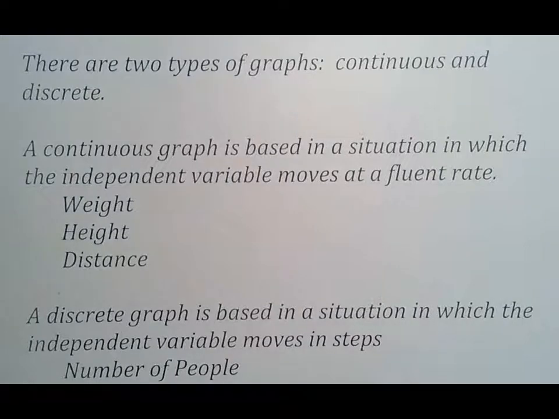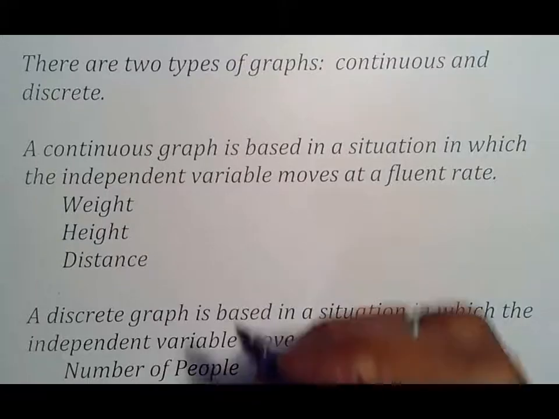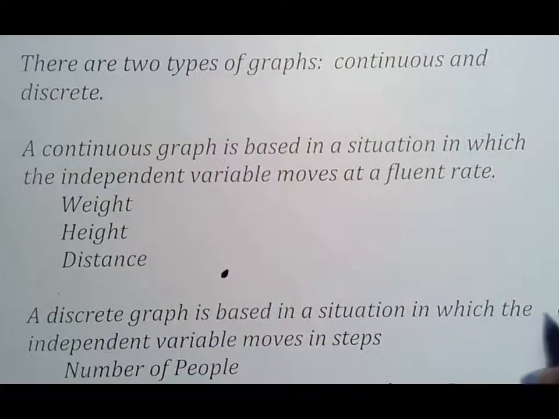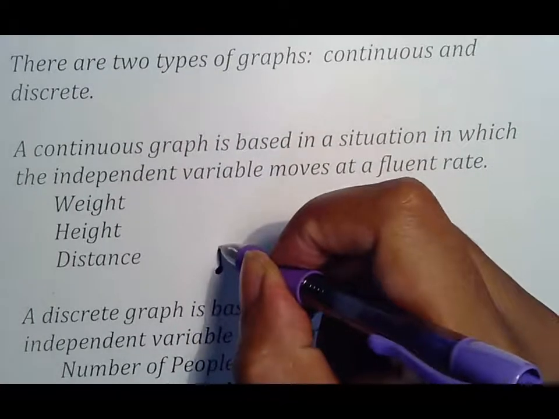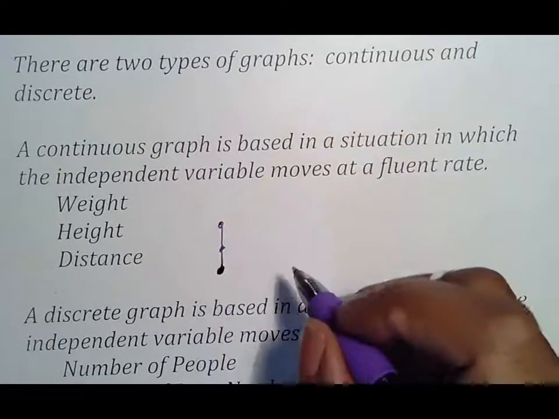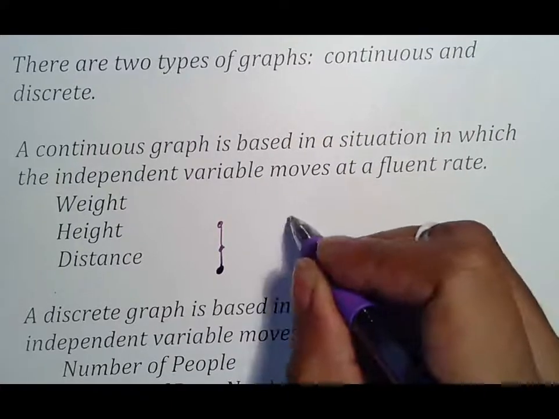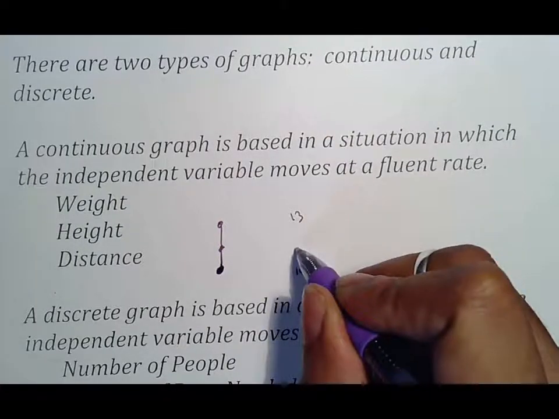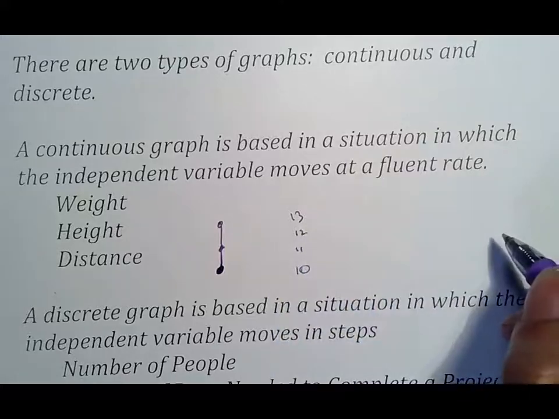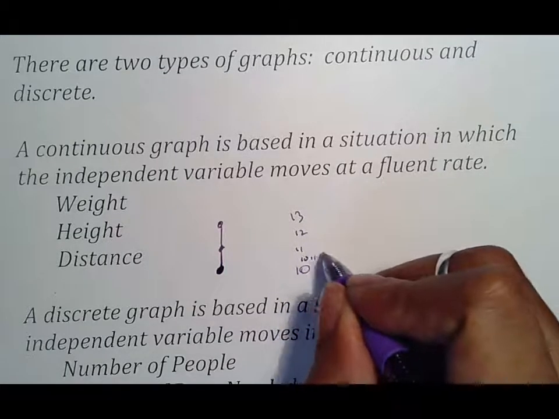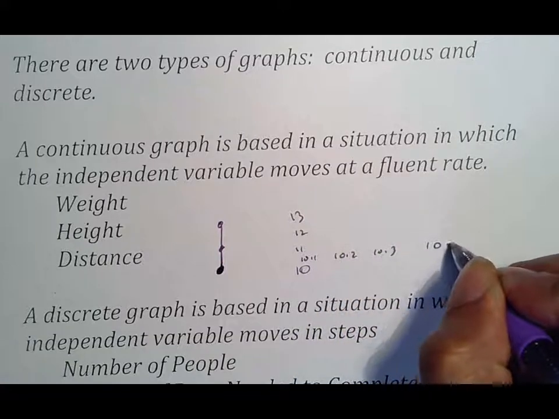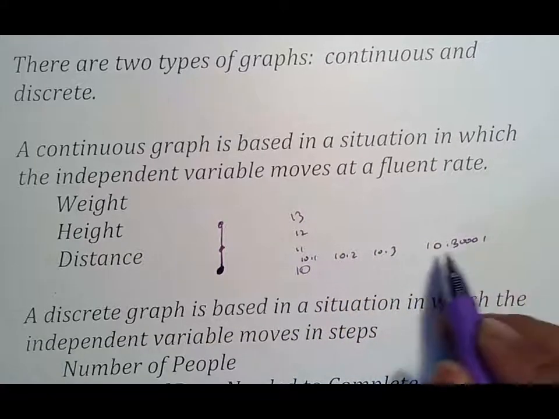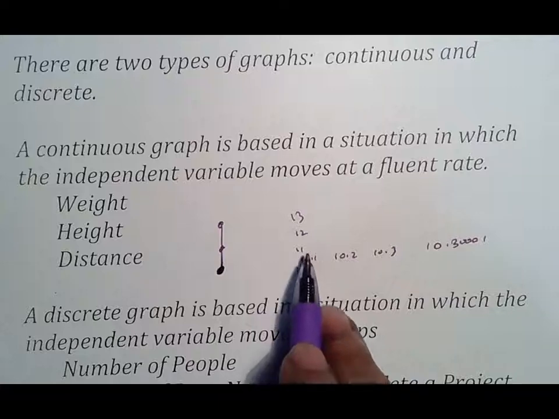A continuous graph is based on a situation where the independent variable moves at a fluent rate. What does that mean? It means that if your weight was here at one point, it would slowly increase to be here and slowly increase to be here. Someone does not go from 10 pounds to 13 pounds without hitting 11 pounds and 12 pounds. Even at that, without hitting 10.1, 10.2, 10.3, 10.30001, all those numbers in there mean that it's constantly moving up.